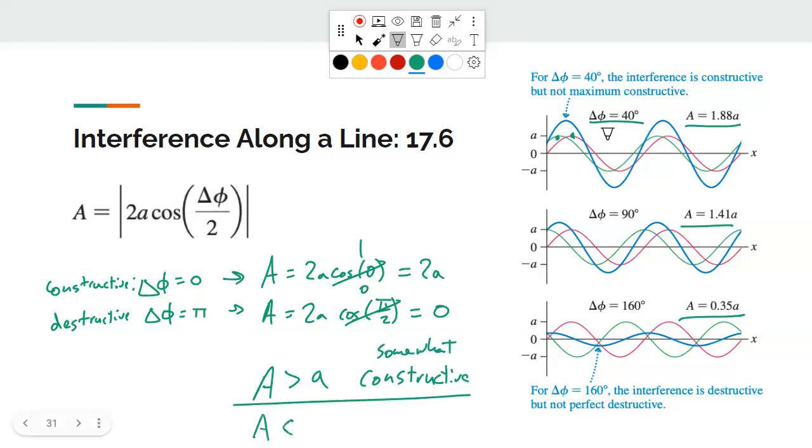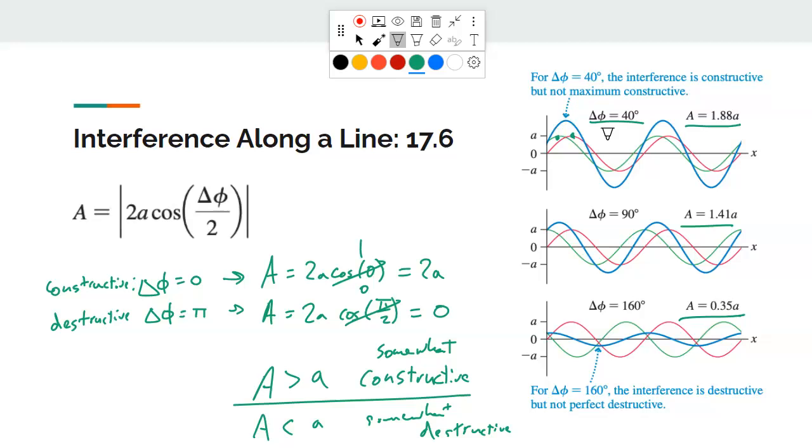And any time where this amplitude is less than little a, we can call this somewhat destructive. And so if you're given a problem where they're asking you to determine for some arbitrary phase, is this more constructive or more destructive, this is the condition you'll be interested in.